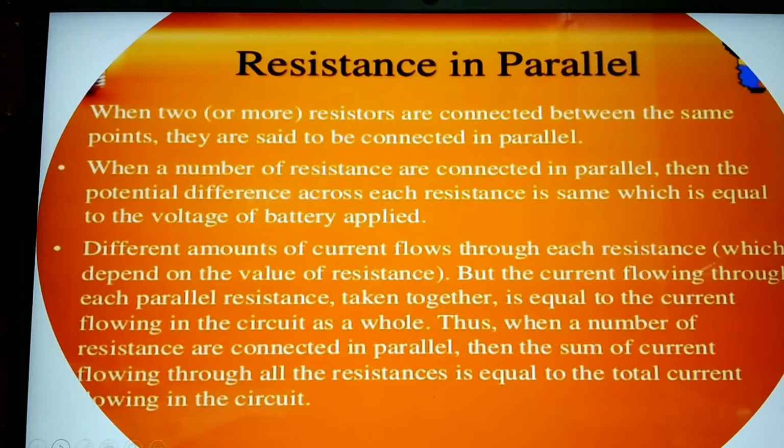But the currents flowing through the parallel resistances taken together are equal to the current flowing in the circuit as a whole. Thus, the sum of the currents flowing through all the resistances is equal to the total current flowing in the circuit.